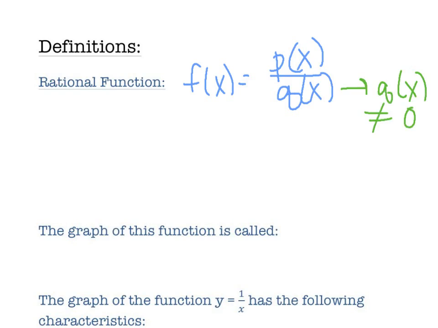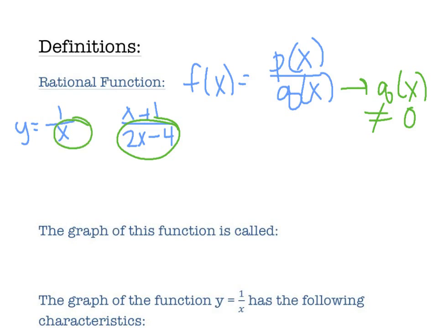So I could be talking about something as simple as 1 over x, and that's the graph that we're going to look at first. But I also could be talking about something that looks like x plus 1 over 2x minus 4. The only thing is that in this section, we're only looking at linear denominators.